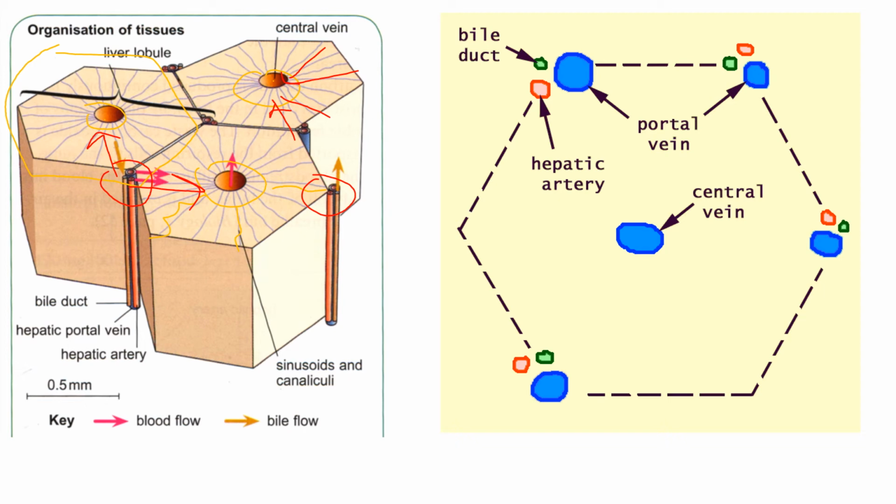So you've got the hepatic portal vein and the hepatic artery both coming up here. Let me see if I can make that a little bit thicker. So the hepatic vein and the hepatic artery blood goes up, and then the blood mixes and it flows past these cells and eventually exits into the central vein.